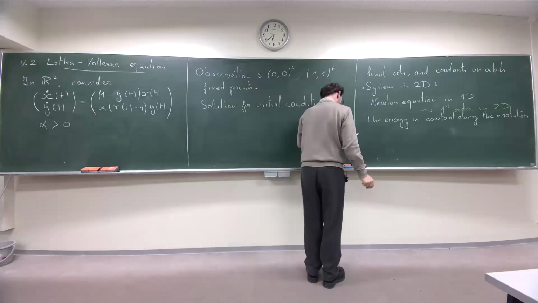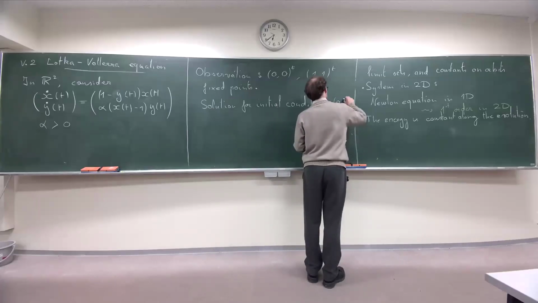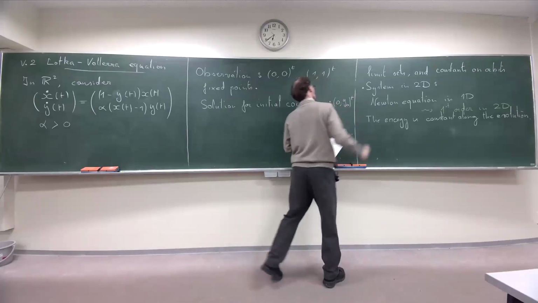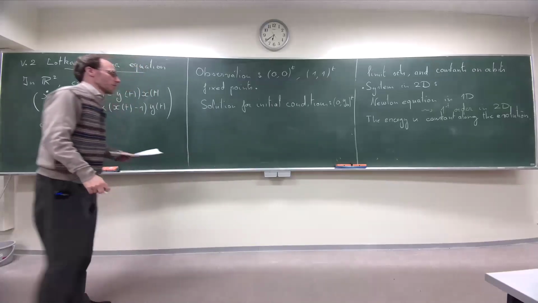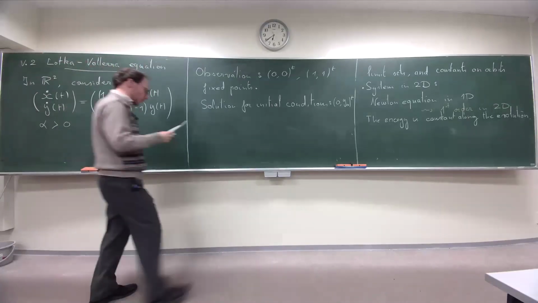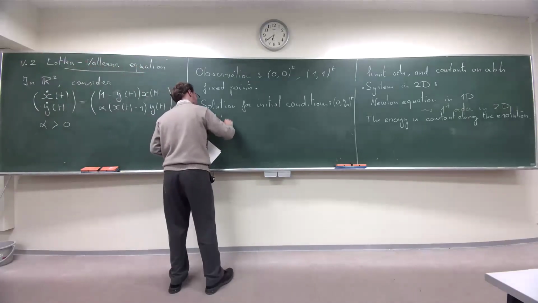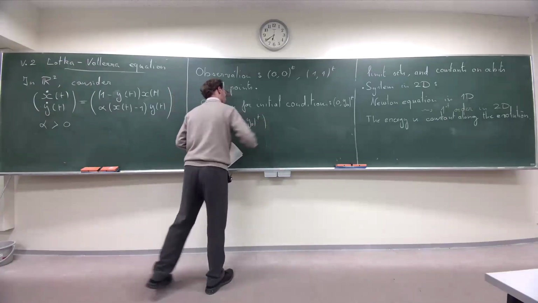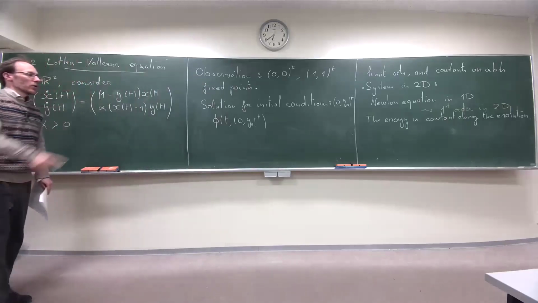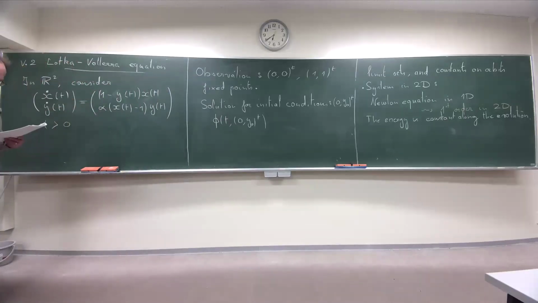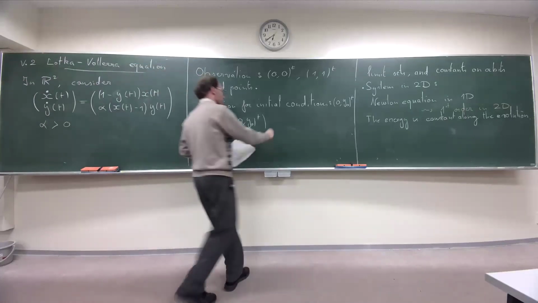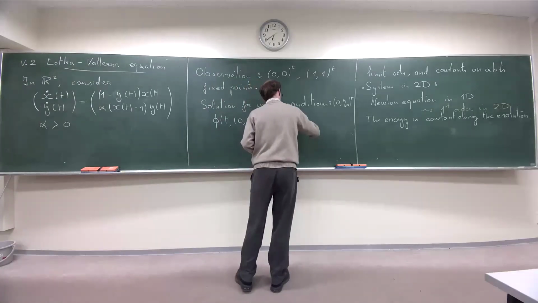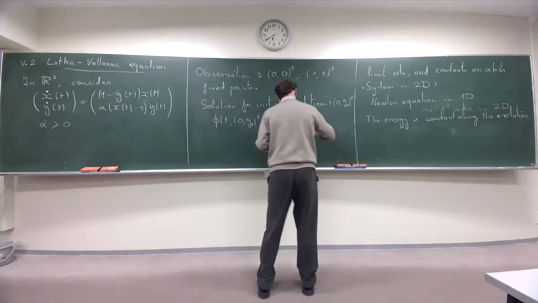The first initial condition is 0, y0. If you put 0 for x, then you get that the solution, I'm going to write like this for the solution, this is a notation, so it's the evolution for this initial condition. And you find that this is 0, y0.